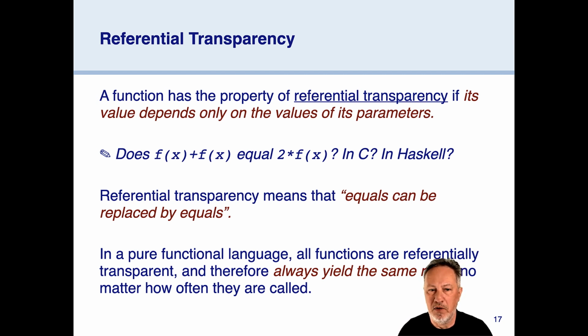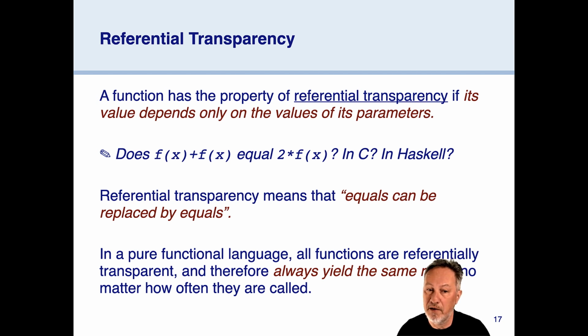So for example, if I write the expression f of x plus f of x in Java or C++ or C or Python or what you will, it should be valid syntax in all of those languages, will that equal 2 times f of x? Well, in Haskell it should. In other languages it really depends, because f of x might actually modify x directly or indirectly.